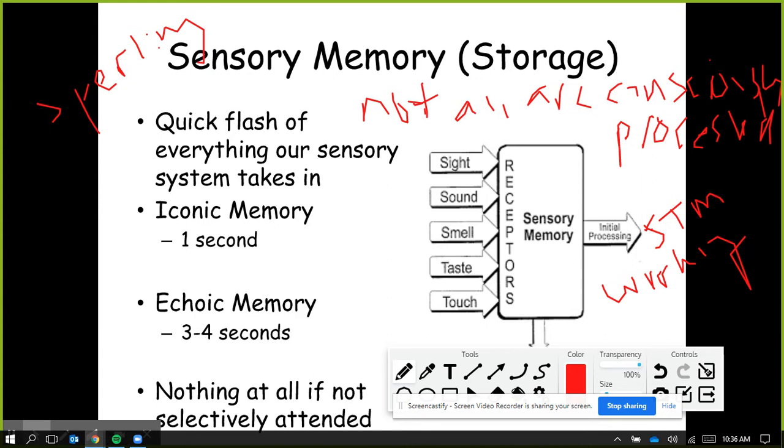And then if we rehearse it, then it gets transferred into long-term memory. But sensory memory is just all of the different sensations coming in at any given time, most of which we don't consciously process. And that says working right here.